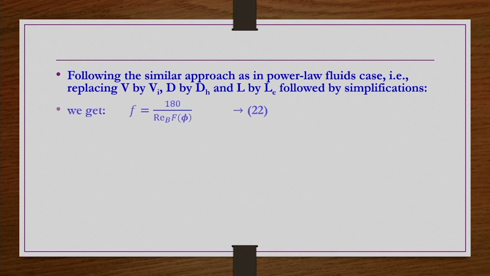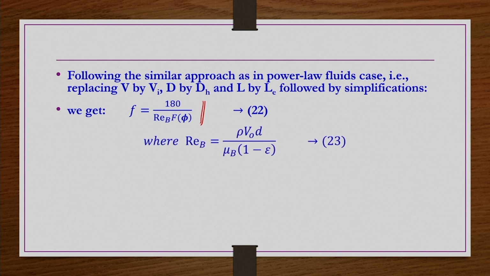If you do that and follow the same analysis, replacing V by Vi, D by Dh and L by Le, and do similar calculations as we have done so far for the power law fluid, then you get f equals 180 by Reb times F phi, as a kind of friction factor for a Bingham plastic fluid flowing through packed beds, where Reb is nothing but rho V naught D divided by mu B times 1 minus epsilon, and F phi is the function 1 minus 4 by 3 phi plus 1 by 3 phi to the power 4.